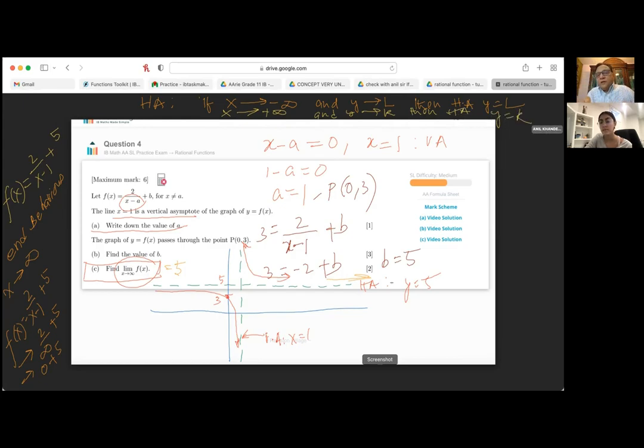We are approaching this value, but we are never there. So both are horizontal asymptotes.